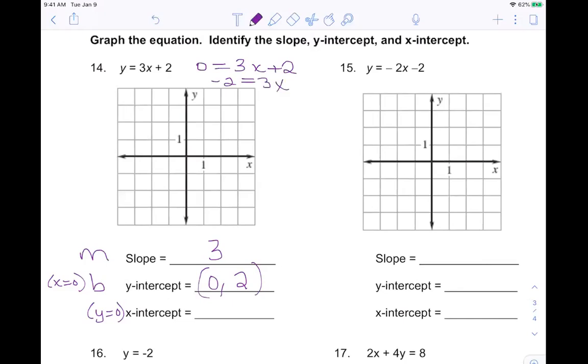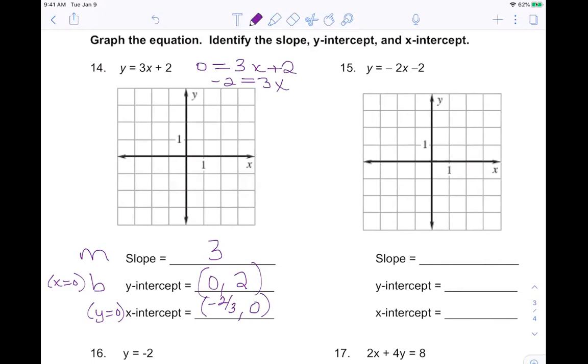So Valerio, x would be negative 2/3. Perfect. And then again, we're writing that as an ordered pair. So intercepts are points on the graph. They're ordered pairs to represent when the graph crosses the x or the y axis at a specific point.